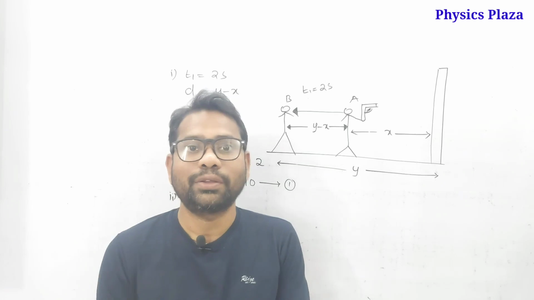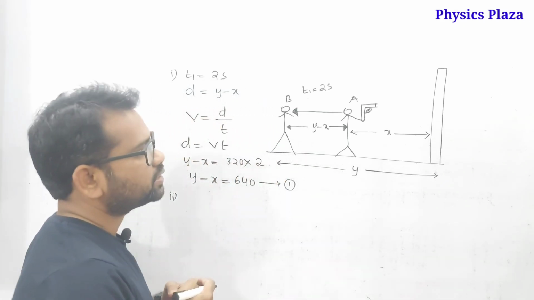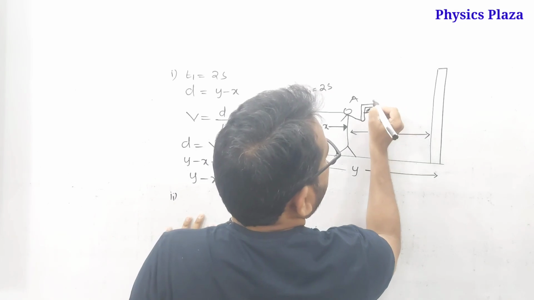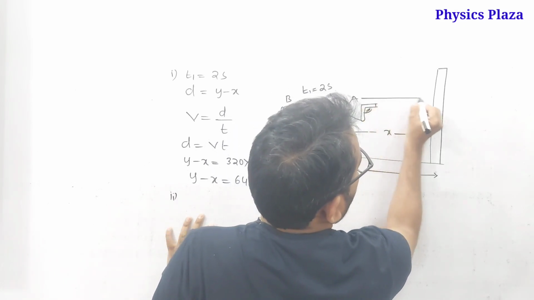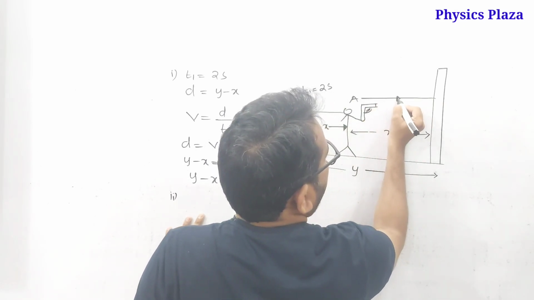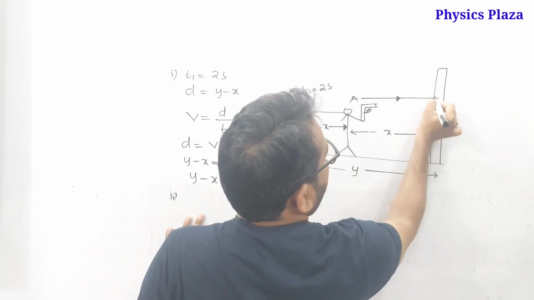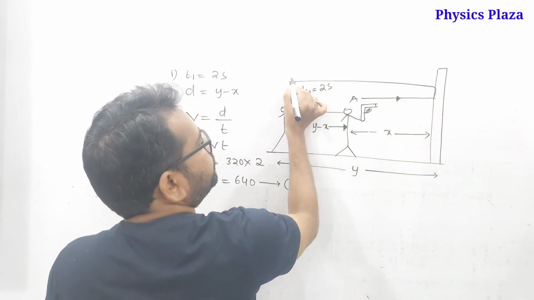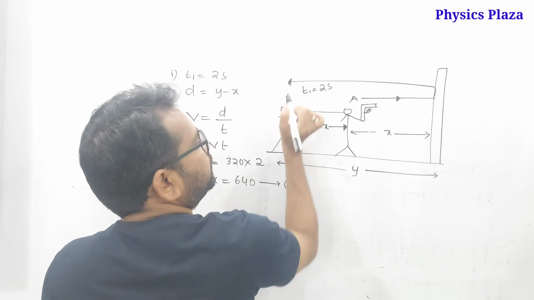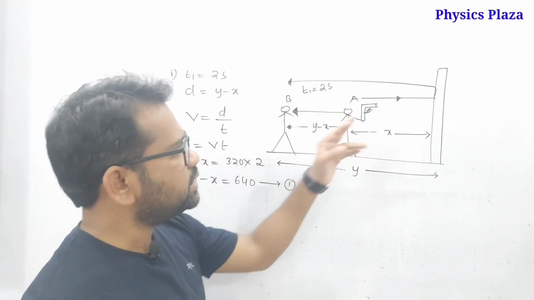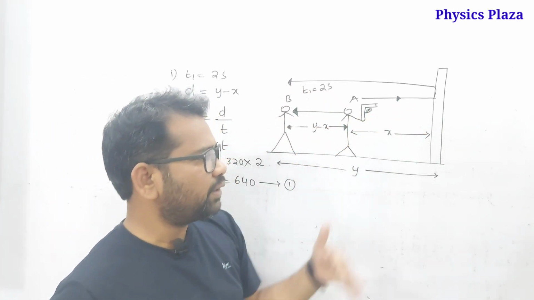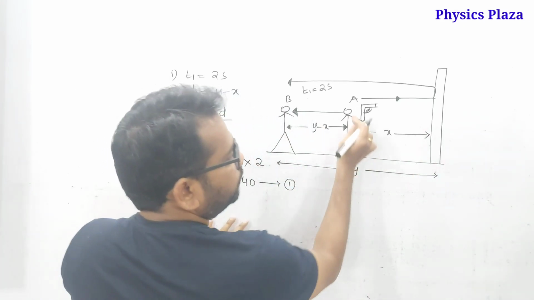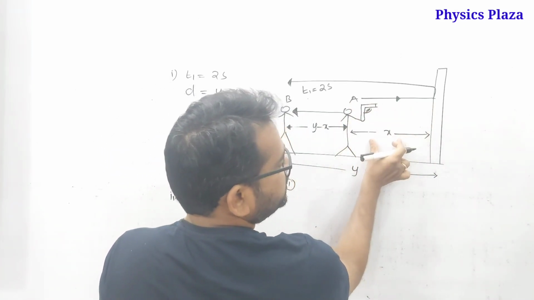Now some of you might think, sir, let us use v is equal to d by t here. Still we can't use it. Why not? Because the one more sound goes from here towards the cliff, gets reflected, I mean the echo takes place, and comes again to person B. But is this sound traveling the same distance, original sound and reflected sound? No. Look here: from here to the cliff it is x distance.